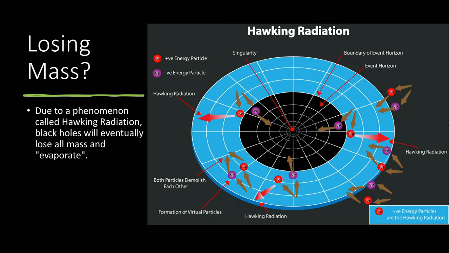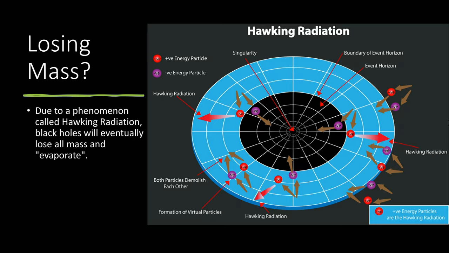Because these little particles will have mass, and when you combine positive to negative, you erase the mass. So if these negative energy particles are falling into the black hole, then they're basically taking away mass from the black hole.